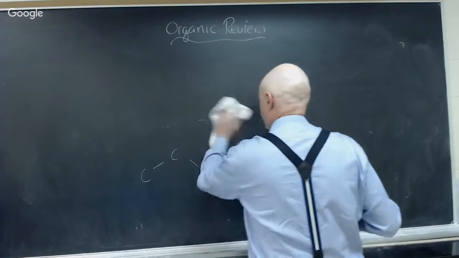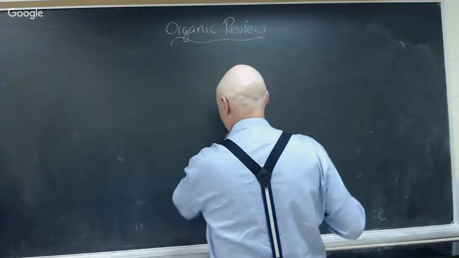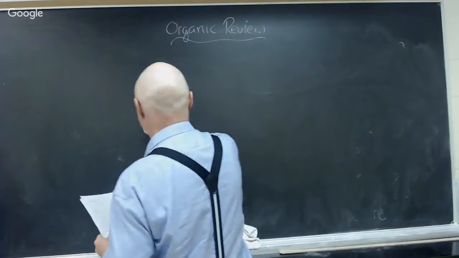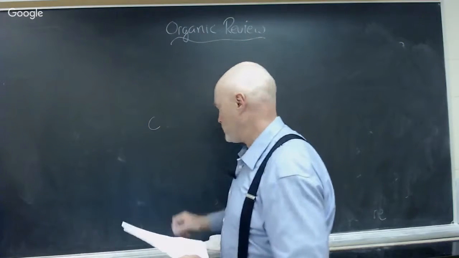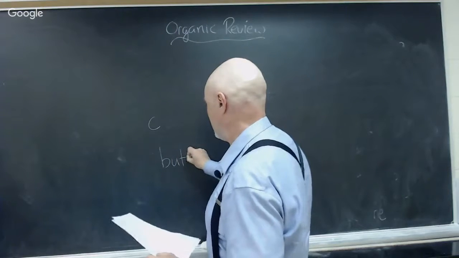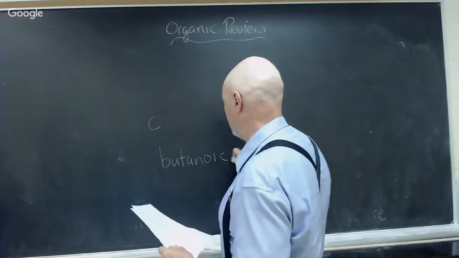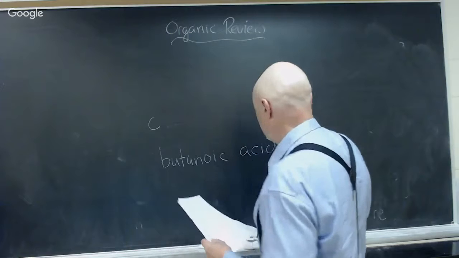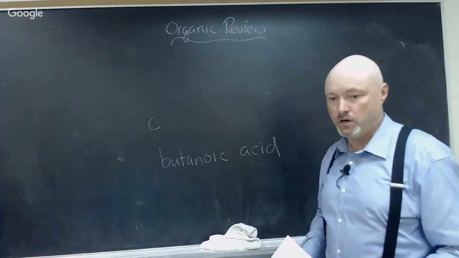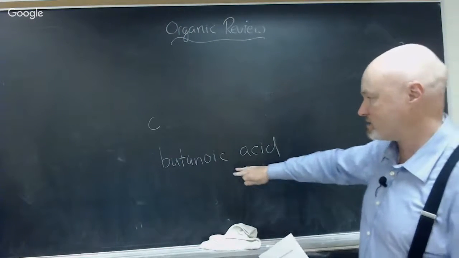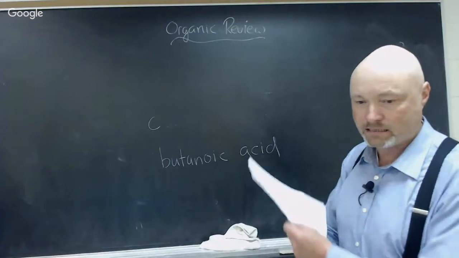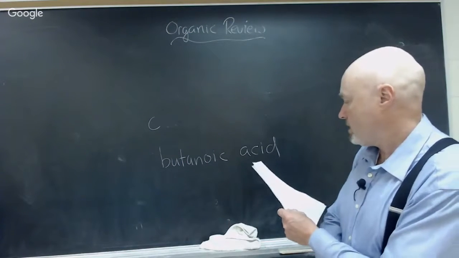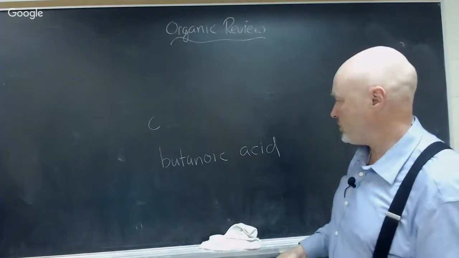Okay. Next one. Also a very, very important class of molecule. So you actually put this functional group on your French fries. Not this acid, because this one actually has a kind of a bad smell. But butanoic acid.